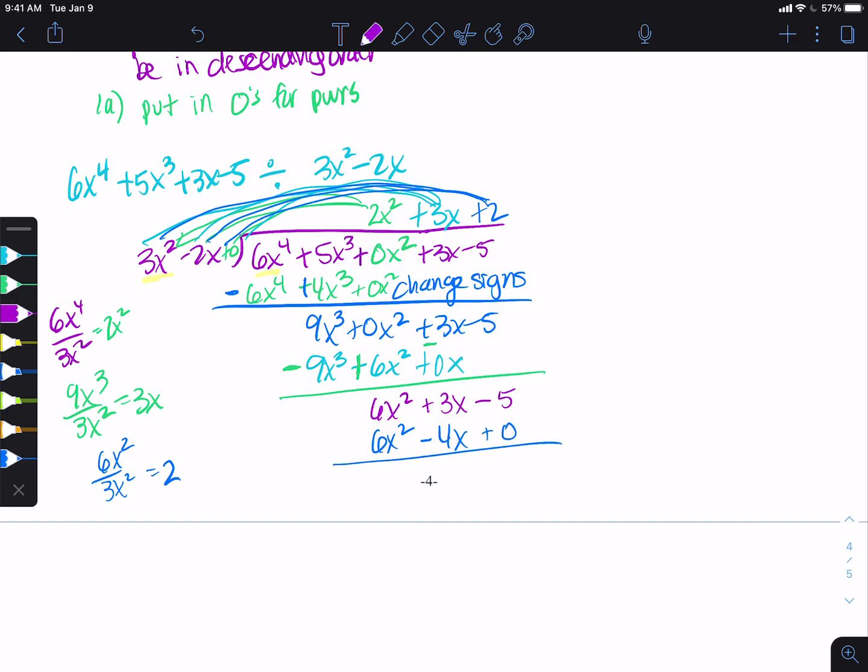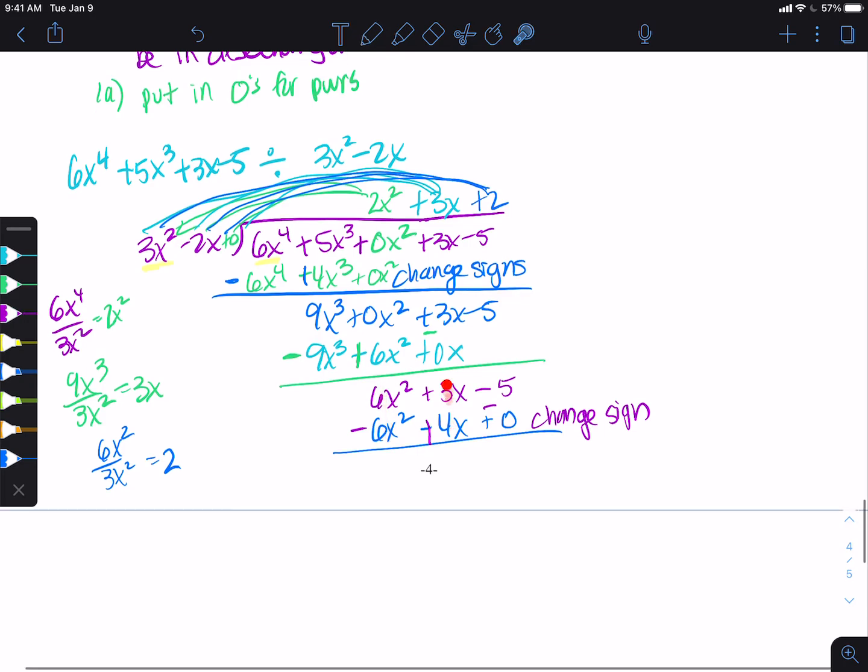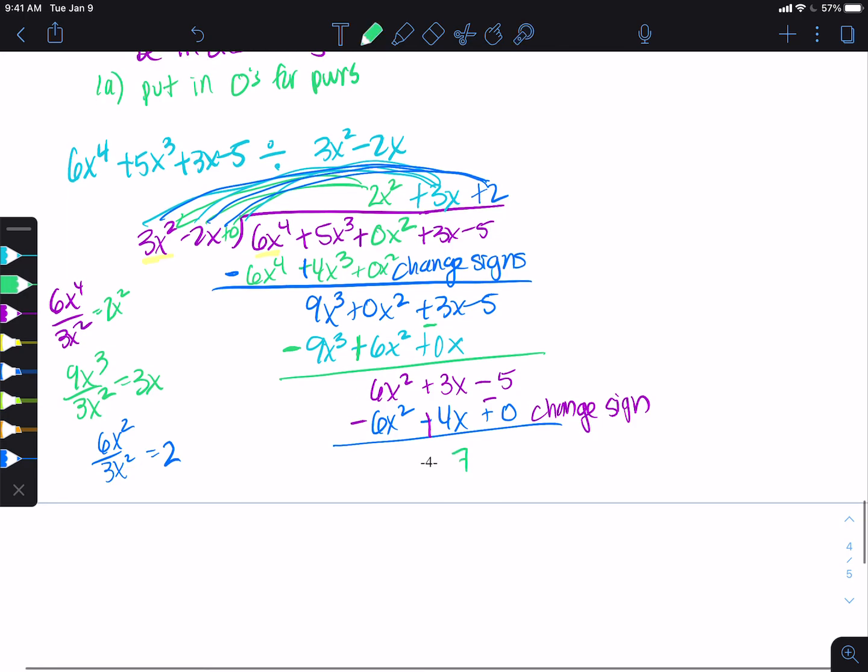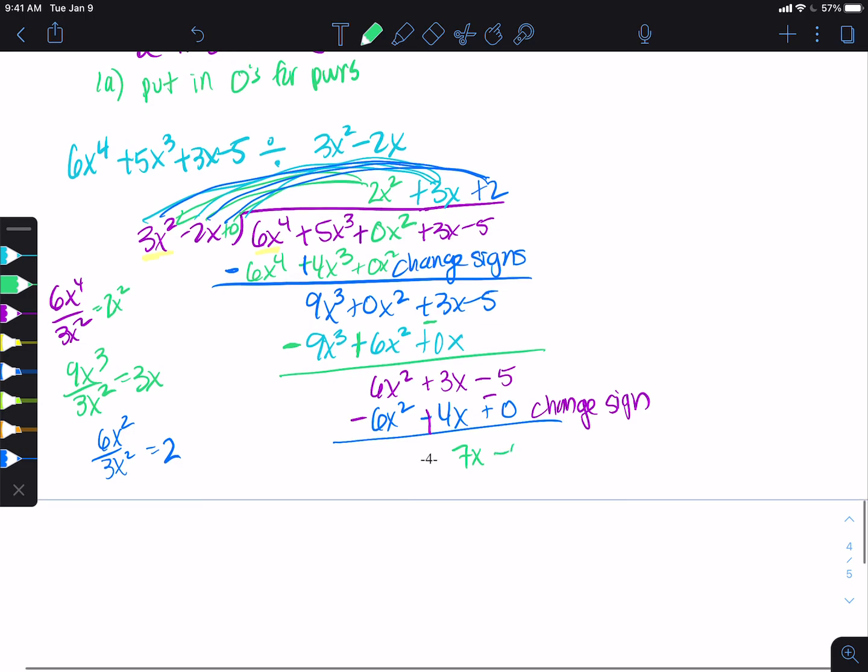I change the signs. So I get negative, positive, negative. And then I add straight down. So this goes to nothing, which is what we're anticipating. This gives us 7x. And then negative 5 minus nothing is just negative 5. I check my power here. This is an unsaid 1, which is lower than a 2.